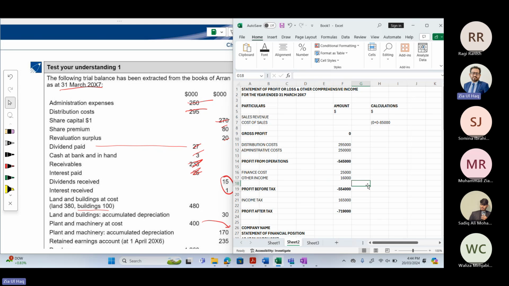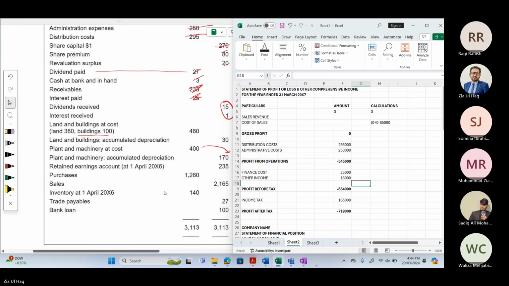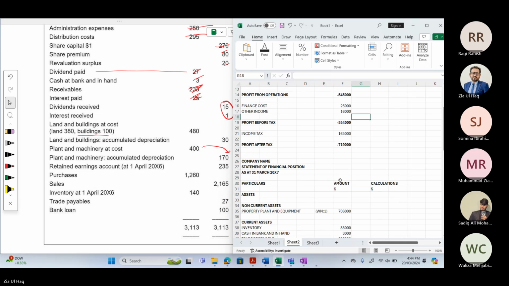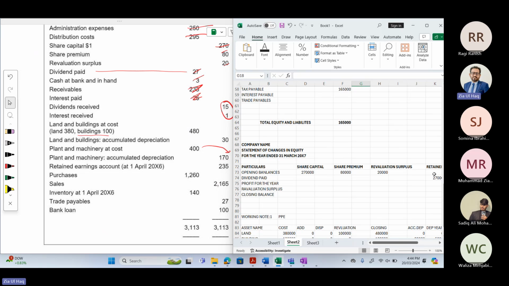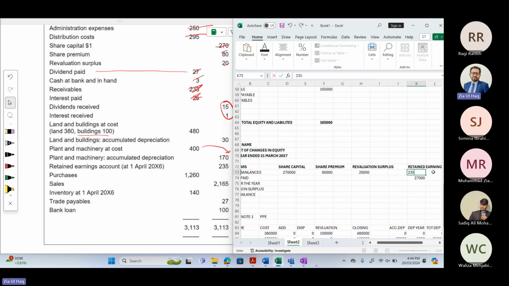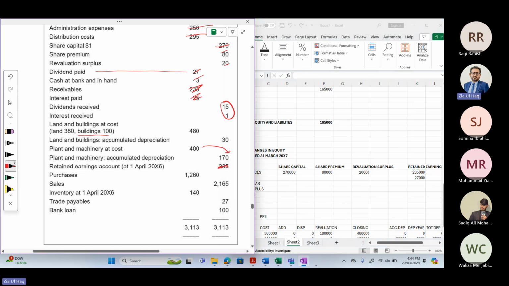Yeah, that's fine. Okay, then land and building we have done with that. Retained earnings opening balance is 235,000. This is also done.